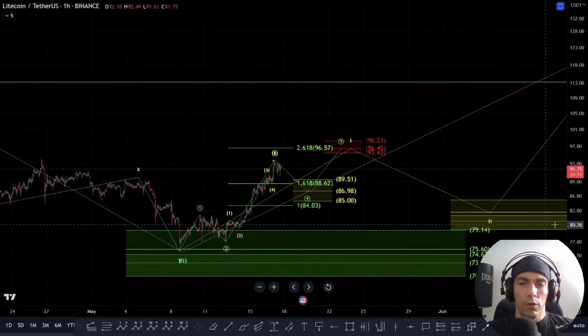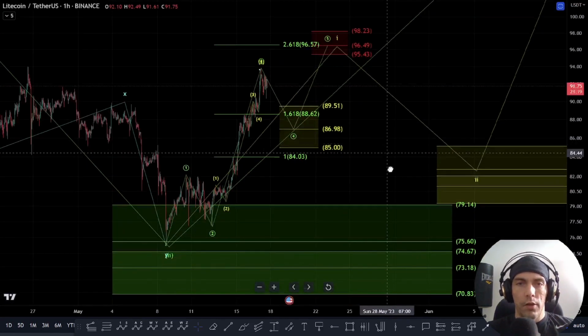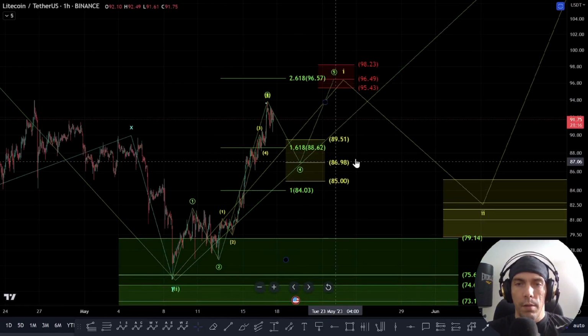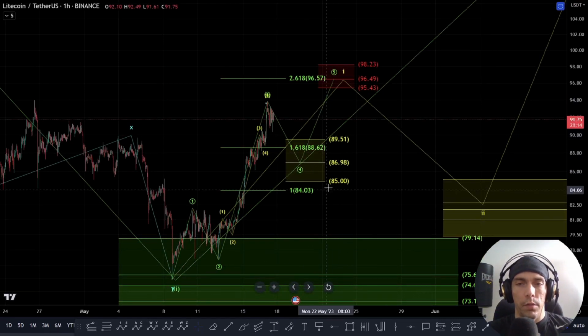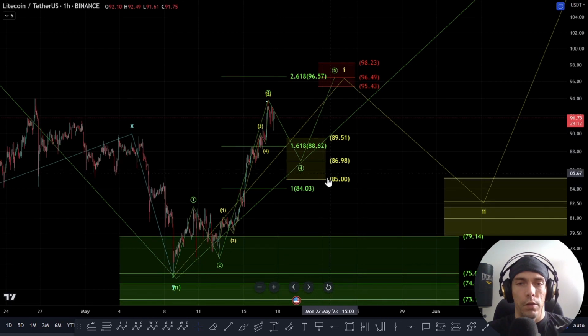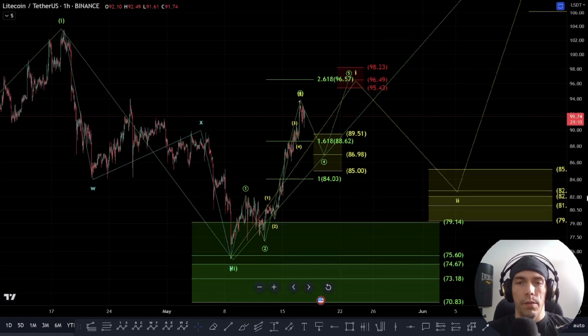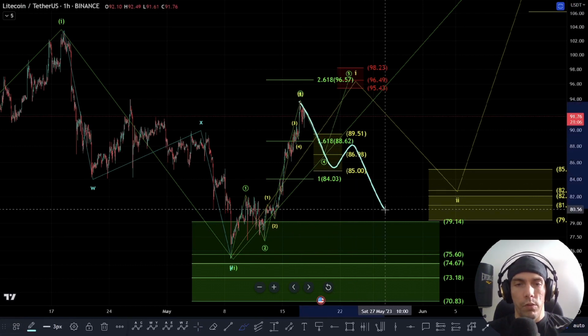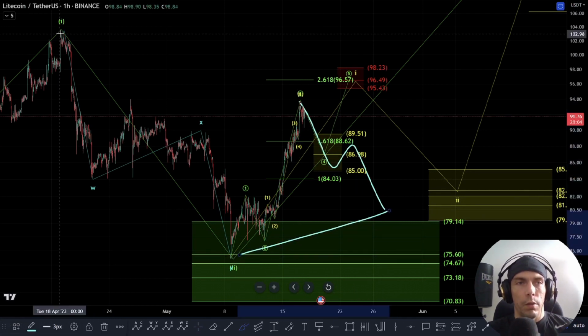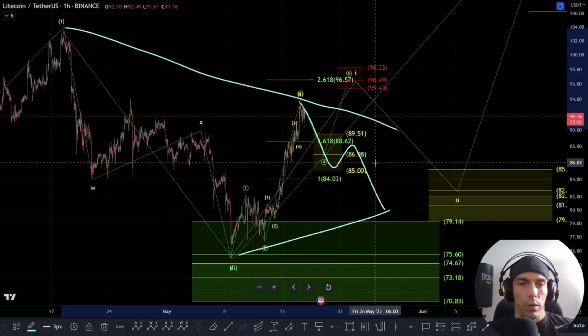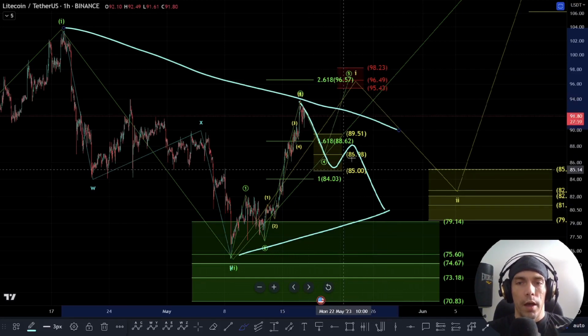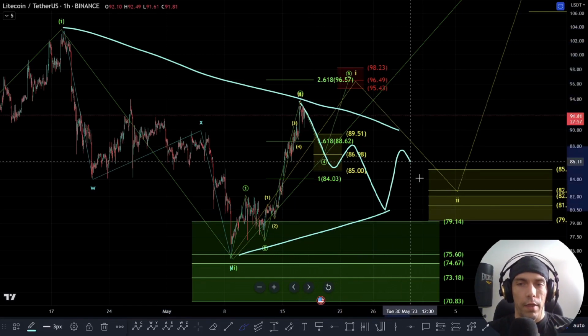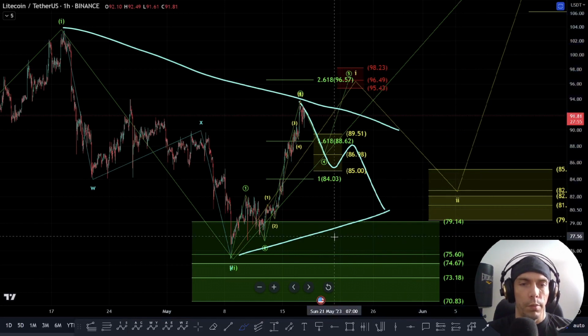So in the short term here, I want to see whether we do get this 4th wave develop here back into the zone of this 89.51 to this $85 region. If, however, we fail to hold this $85 region and we get a bigger 3-wave move to the downside, then we need to start looking at that possibility of a triangle in this area, where we could look for another 3-wave move to the downside and then look for that 5-wave move to the upside.